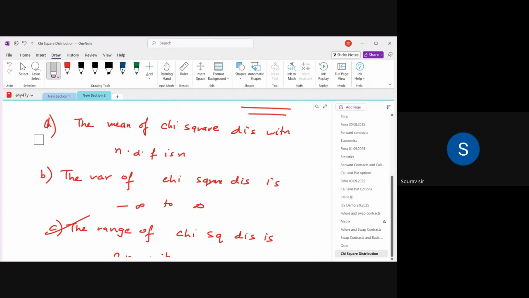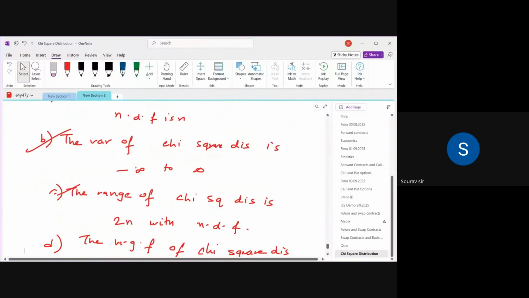So option B is the correct answer. The range of chi-square distribution is minus infinity to plus infinity, that is the correct option. All options except option B are not correct.